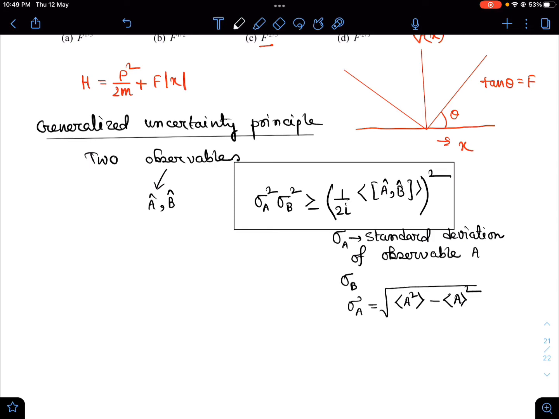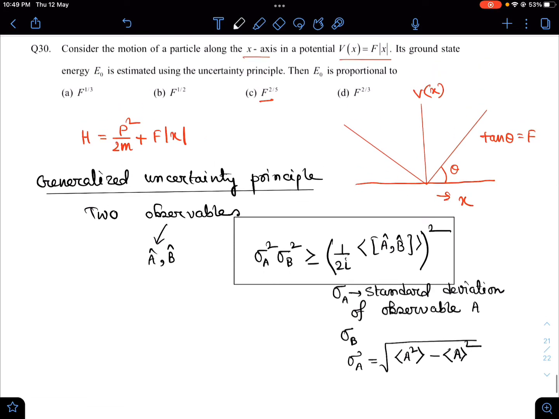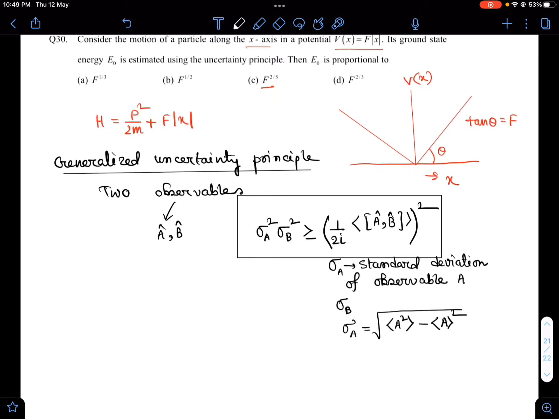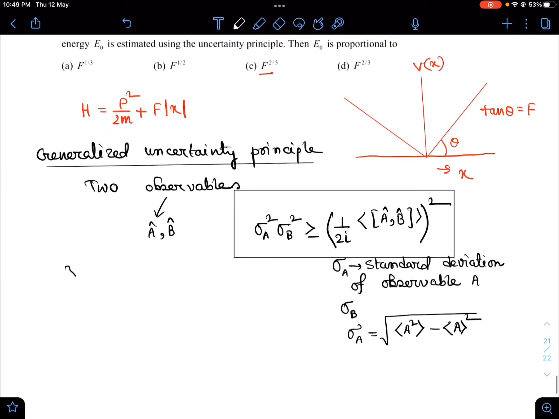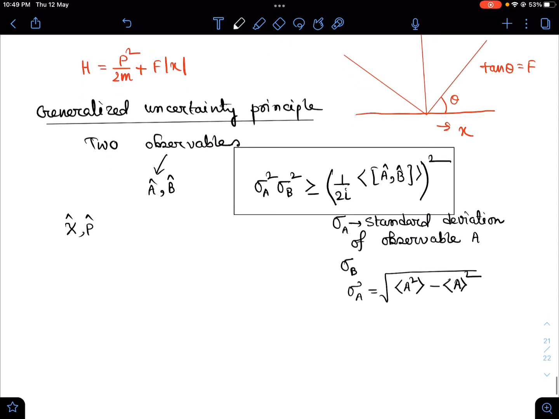Now, here we have the two canonical conjugate operators x and p. We know that these two conjugate operators share the commutation relation [x, p] equals i h cut times the identity matrix.